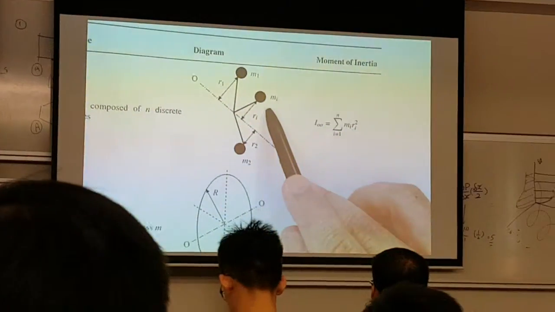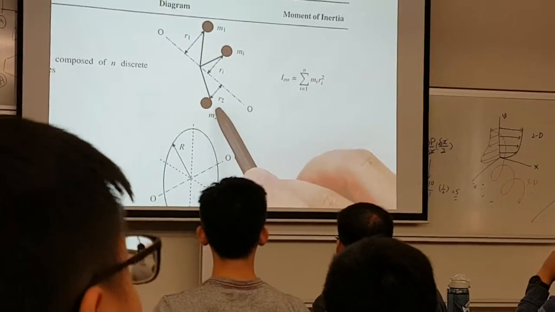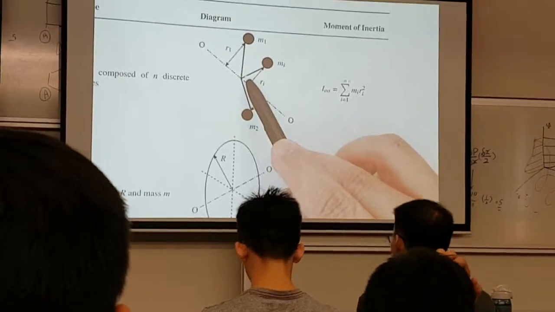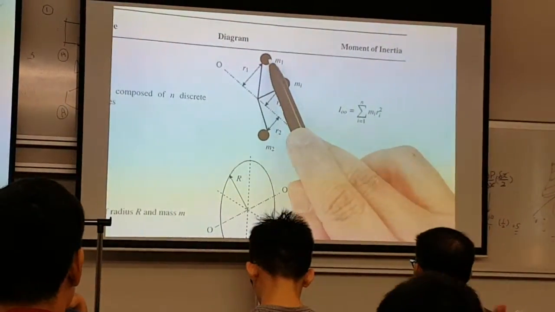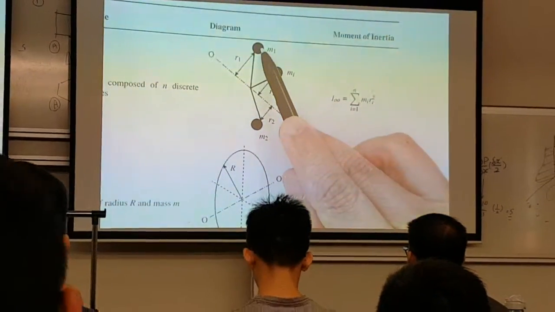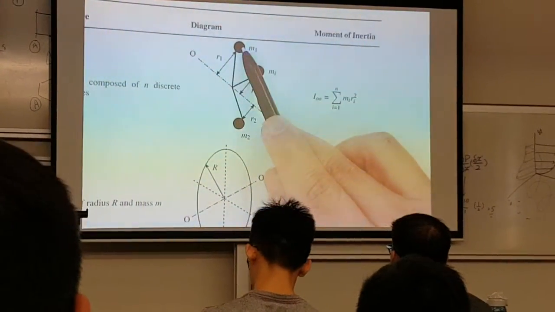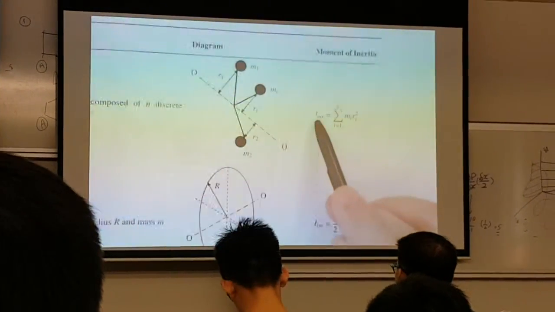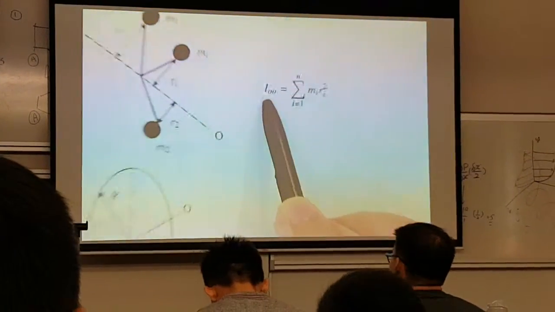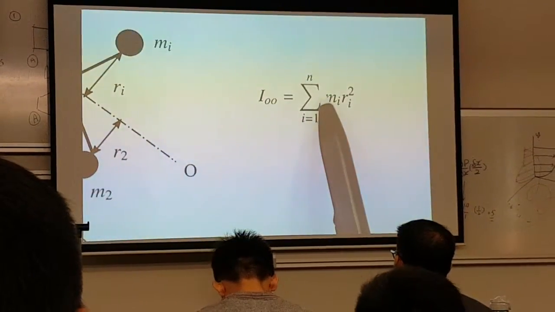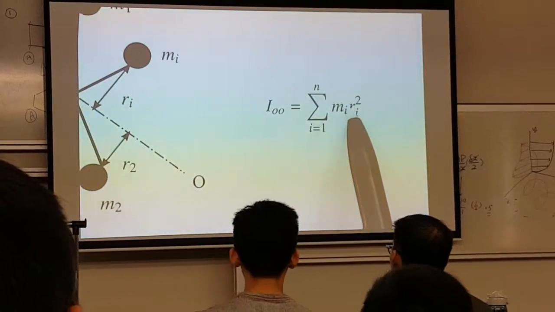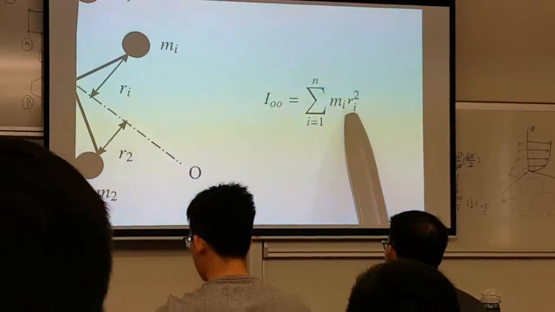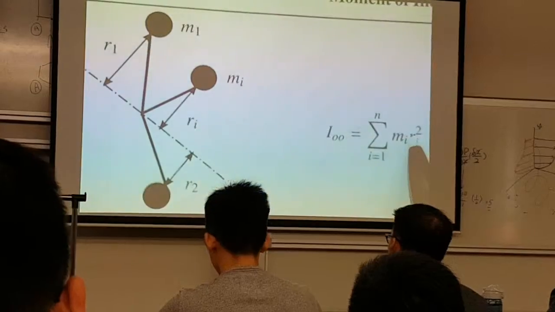If you have that many, then you need to sum up all of your moment of inertia. What is each of these moments of inertia? It requires you to know the mass multiplied by the perpendicular distance of that mass to the pivoting OO axis. So what you're going to have for that equation will be mass multiplied by perpendicular distance squared.